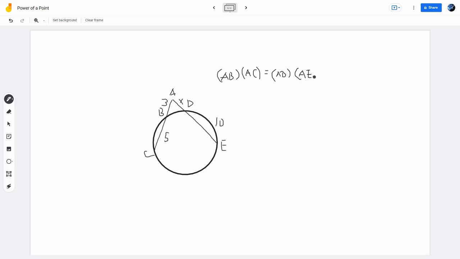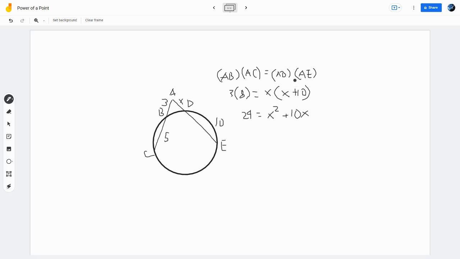If we plug everything in, we have 3 times 5 plus 3, which is 8, equal to x times x plus 10. So we end up with 24 is equal to x squared plus 10x.